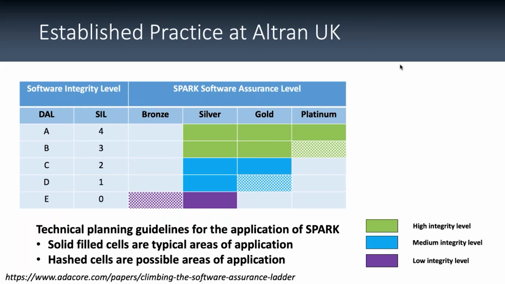So you can see that as they move up the level of these buckets, they will apply more and more costly and higher and higher assurance levels in Spark. But the bottom line will be the silver level, which is the default level applied to all software which has some criticality when possible.